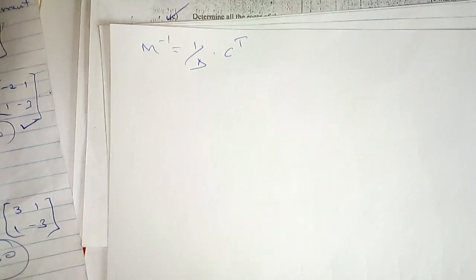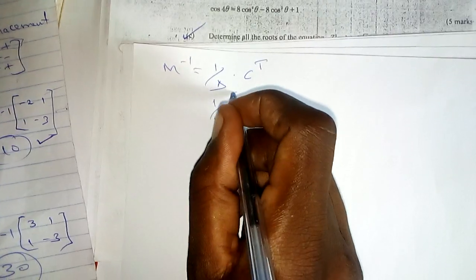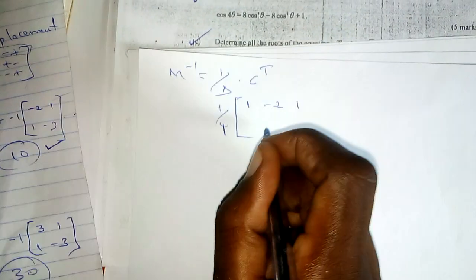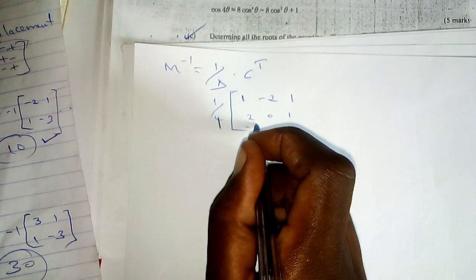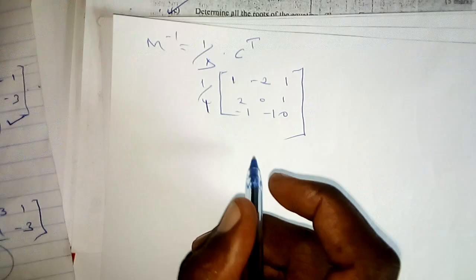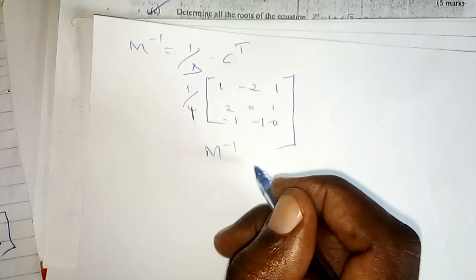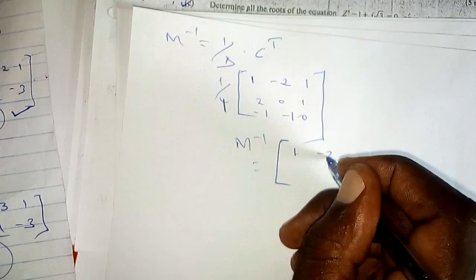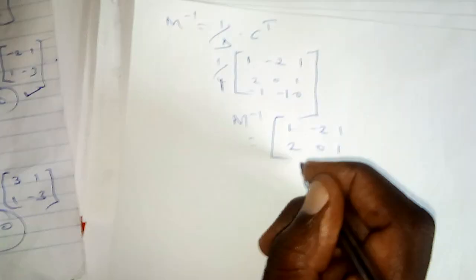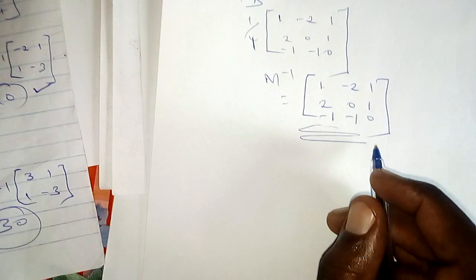That is the inverse of M. Now it means it will be 1 over 1 multiplied by the cofactor transpose, 1, -2, 1, 2, 0, 1, -1, -1, 0. Good. This is your answer, M inverse.